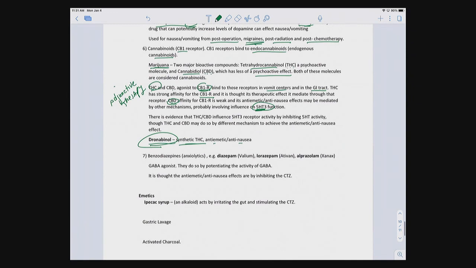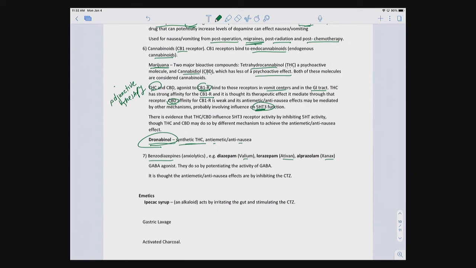The last category is benzodiazepines. Benzodiazepines are anxiolytics, which means they're anti-anxiety drugs. You know the common names: Valium, Ativan, and Xanax.